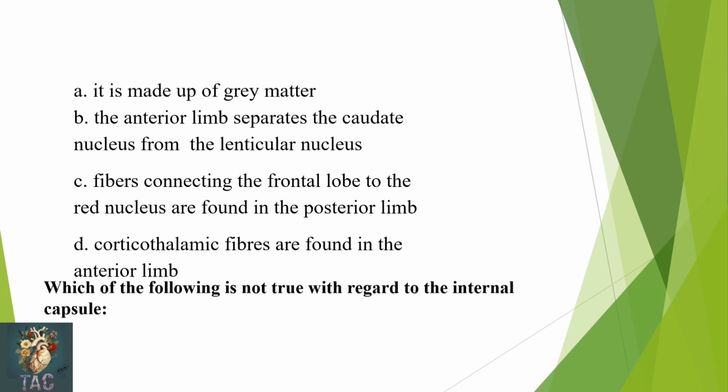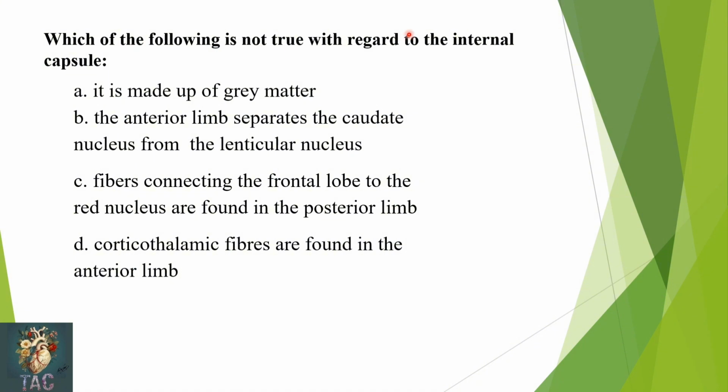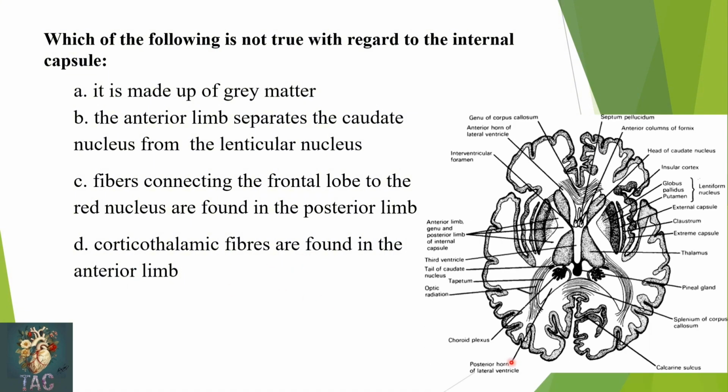Next MCQ is: which of the following is not true regarding the internal capsule? That it is made up of gray matter, the anterior limb separates the caudate nucleus from the lentiform nucleus, fibers connecting the frontal lobe to the red nucleus are found in the posterior limb, and corticothalamic fibers are found in the anterior limb. First have a look at this diagram. This is the anterior limb of the internal capsule, this is the genu, and this is the posterior limb.